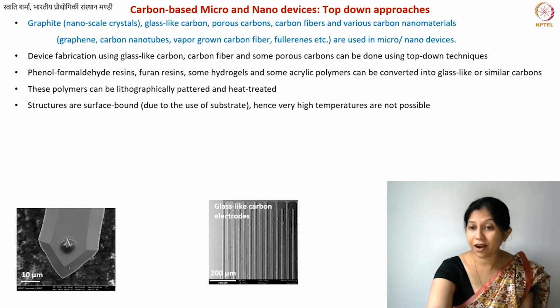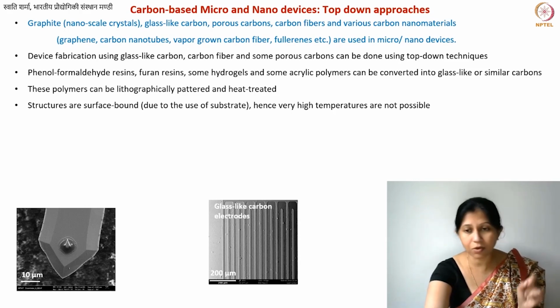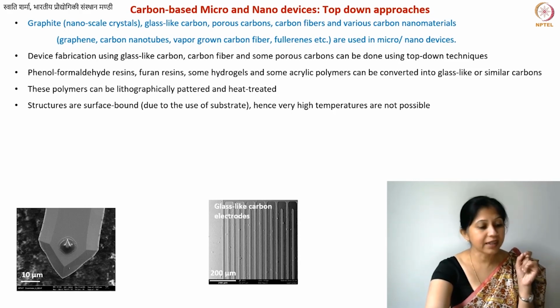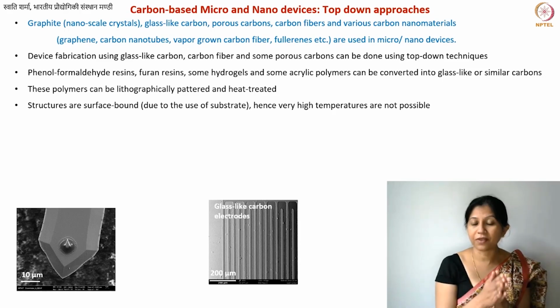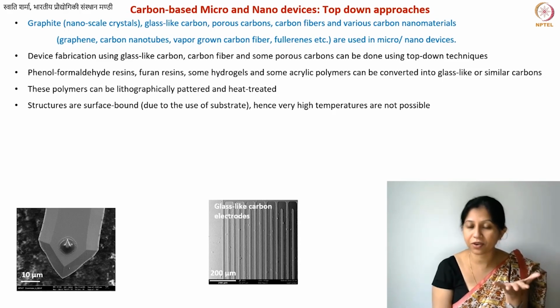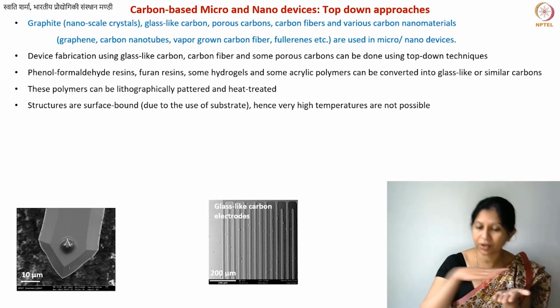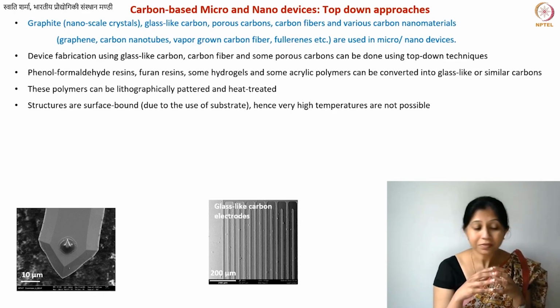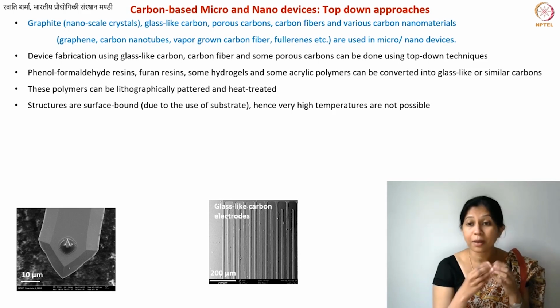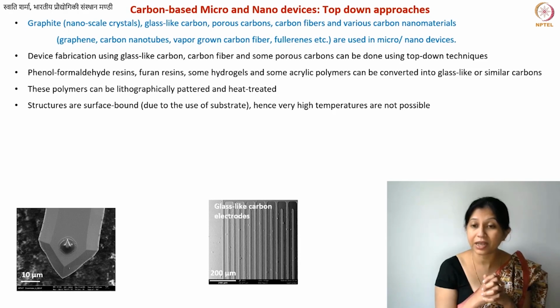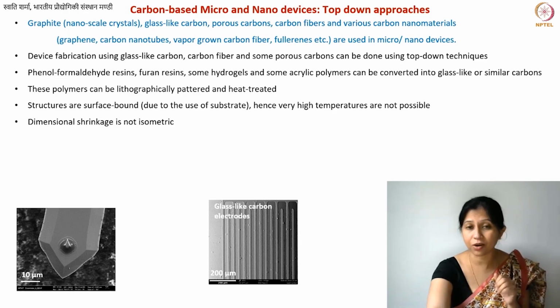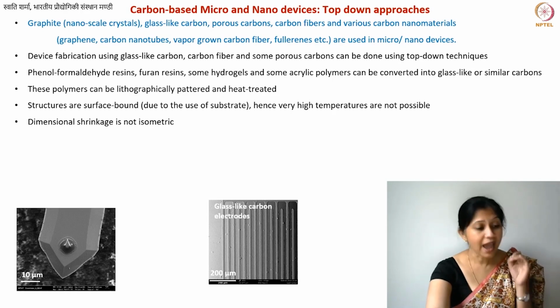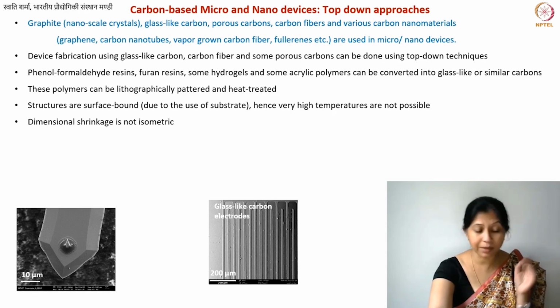Heat treatment temperatures are relatively low. Plus there is one more little challenge here. Whenever you're performing lithography, you have a certain, let's say, silicon wafer. You have a substrate. On top of that, you're doing your spin coating in whatever fabrication that you're performing. It is substrate bound, which means you need to place the substrate also inside your furnace when you are performing the heat treatment, and that is why the heat treatment temperatures are also limited by the substrate.